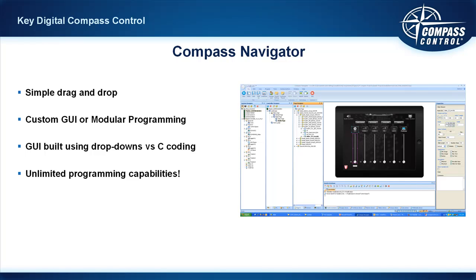If I'd like to control a graphical element, I will find the page that it's on and the name of that element, and then I specify how I want to manipulate that graphical element, and that sentence completes through drop-down menus, not with C coding. There is C coding, but Compass Navigator behind the scenes writes that code for you based on the parameters, the blanks that you have filled in through our drop-down menus.